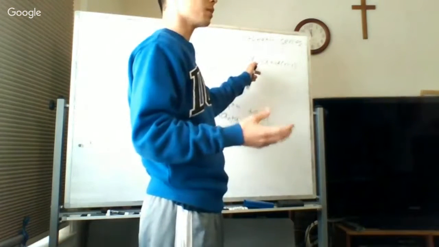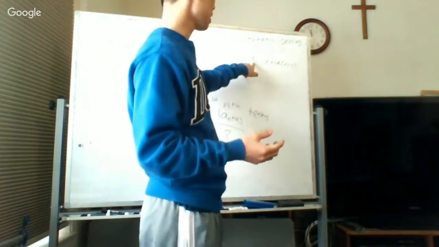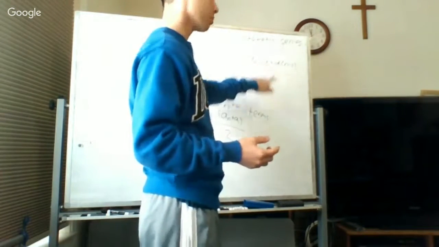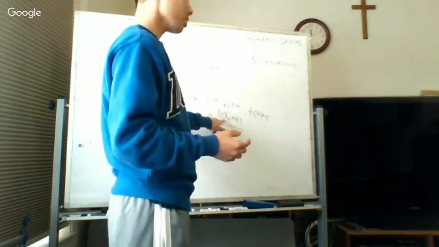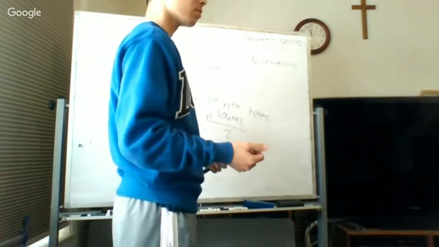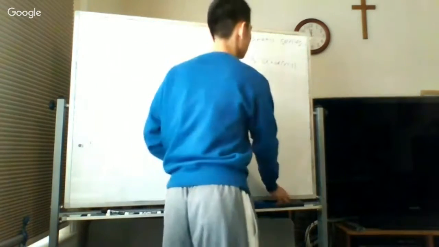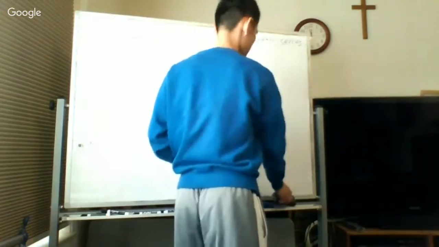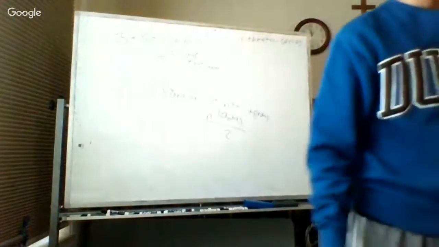A is the term itself. The term, okay. So a sub n is the nth term, a sub 1 is the first term. I want you to use this. It's literally the same thing.